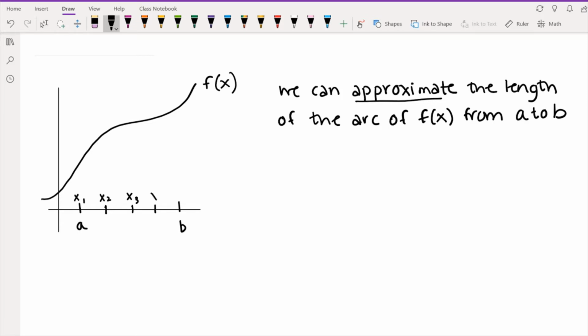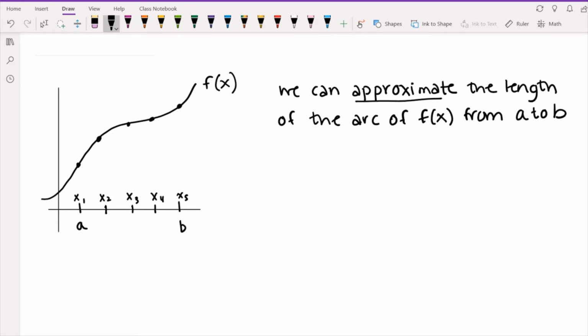x3, x4, x5. So what we could do is go to our curve and break it up by going to each of these points. So here's x1 and x2, and then x3, x4, and x5.